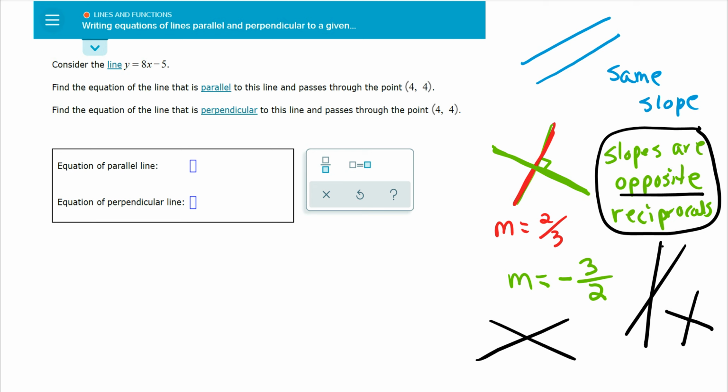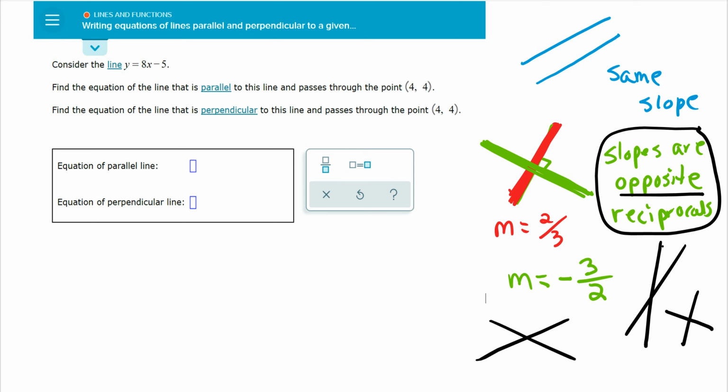One has to be positive and the other has to be negative. And positive slopes always go uphill like that, and negative slopes always go downhill. But to get them to cross at a perfect 90-degree angle, that's where the reciprocal thing comes into play. Okay? So that's phase 1 of explaining this.